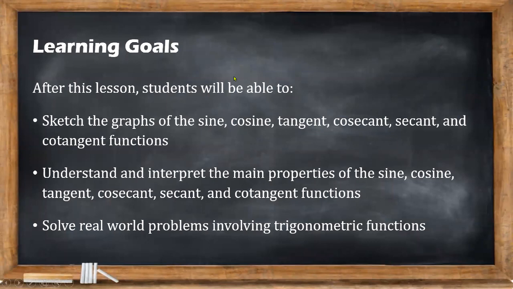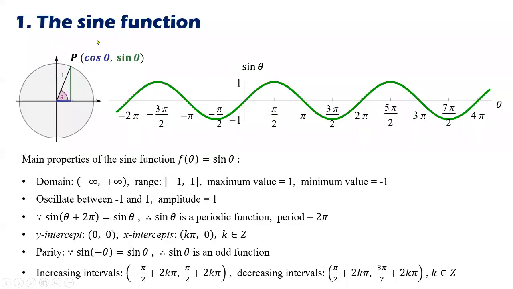Okay, so first of all, let's have a look at the sine function. All right, if you plot the sine using technology or using a pencil and paper, a sine function will have this shape, right? It will start from the origin and go all the way up to its maximum point 1.